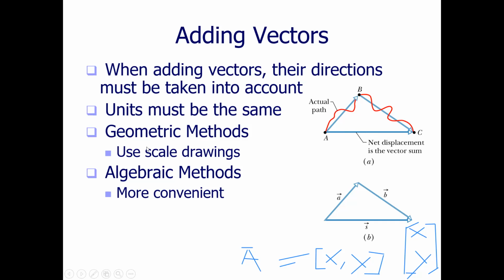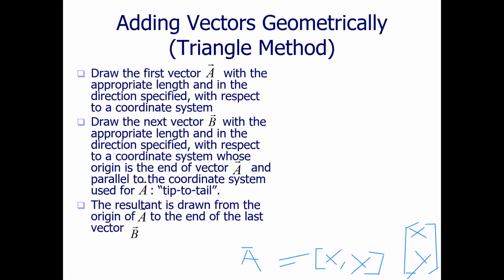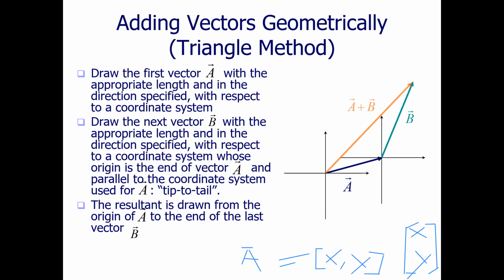And we have geometric methods and algebraic methods for adding vectors. Like we can see here, if we have a vector and another vector b, how we can add them is represented by the orange color, a bar plus b bar.